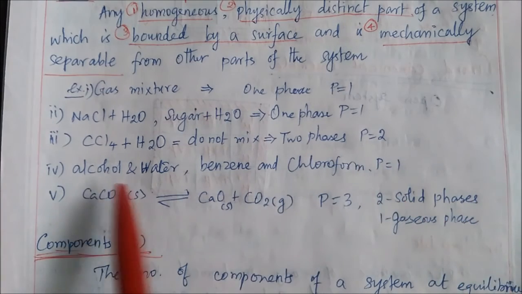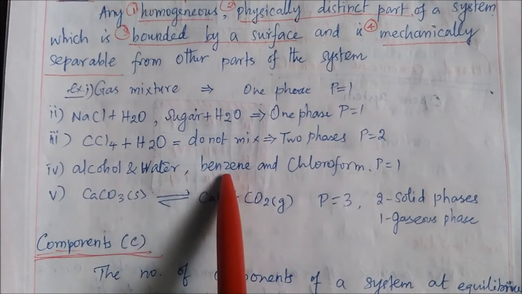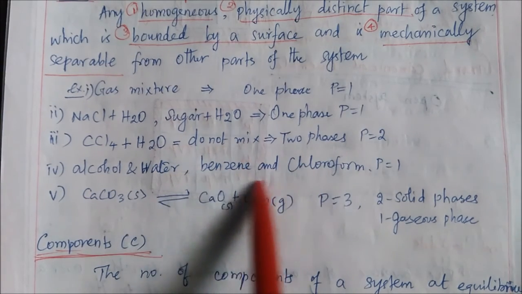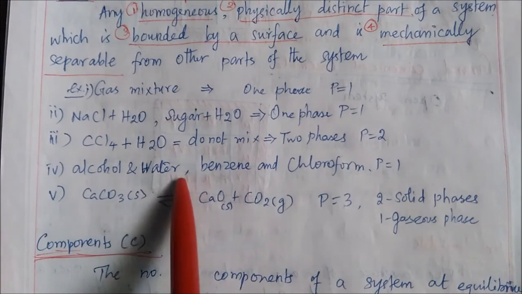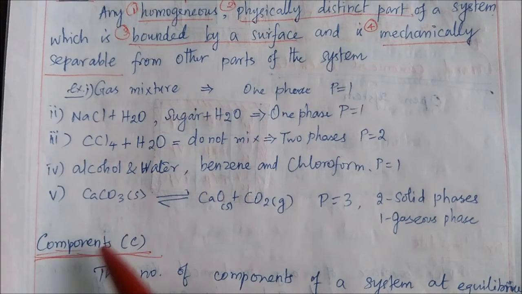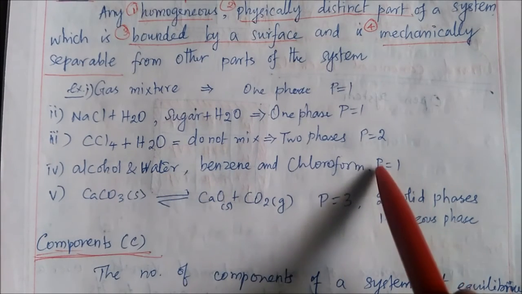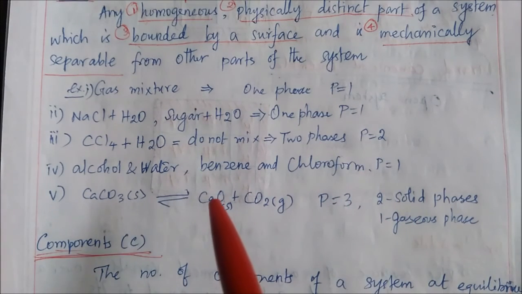Okay, and when we add alcohol with water, when we add benzene with chloroform, they are completely miscible with each other. So we are getting a homogeneous mixture as a result. So in that case, P will be equal to 1.